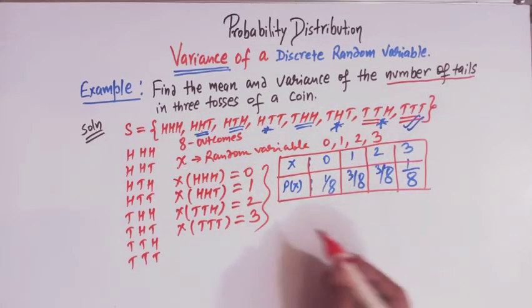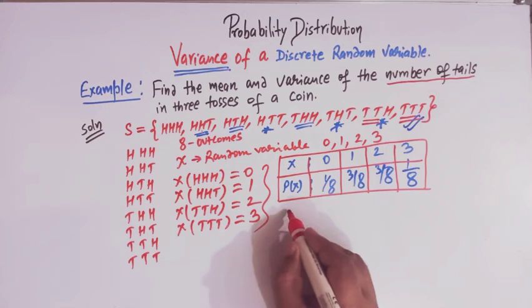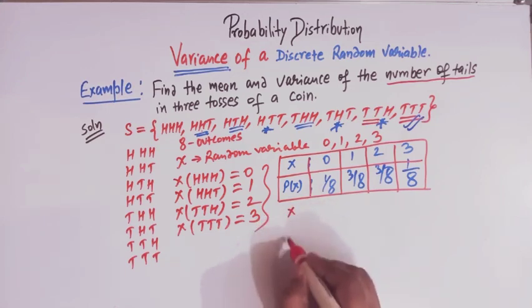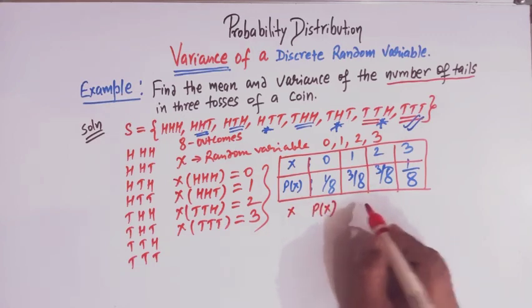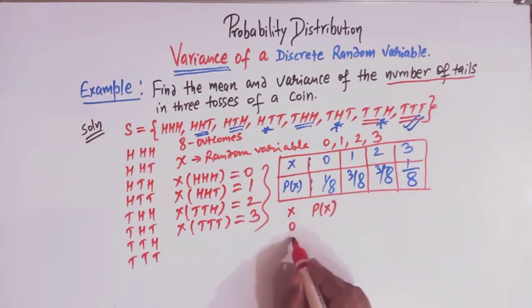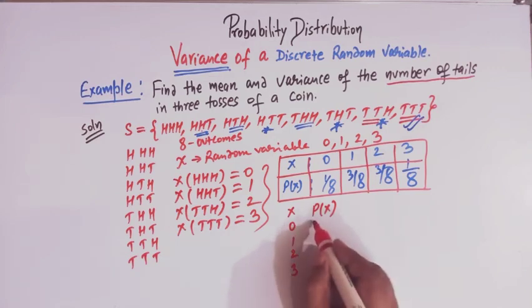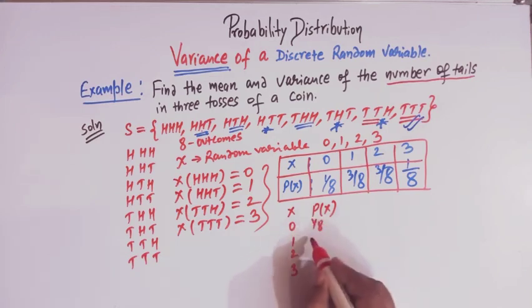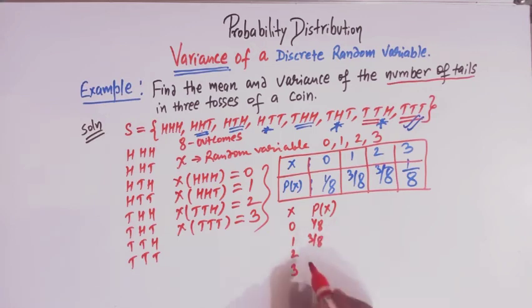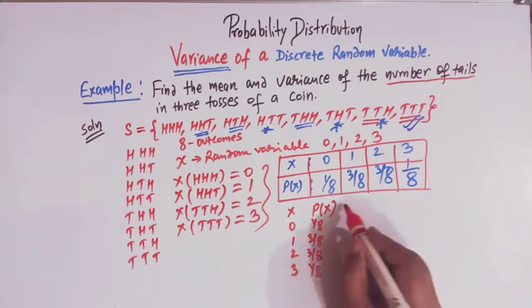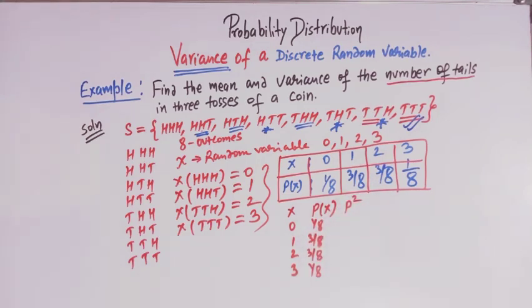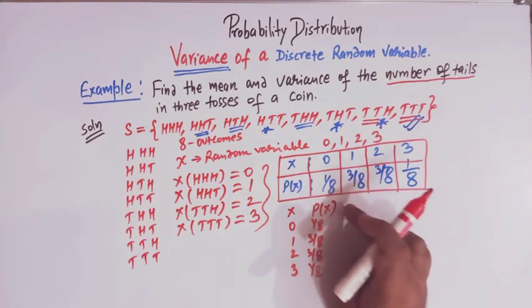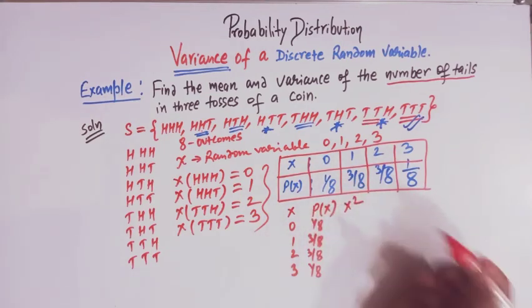If we write it like this, in this column we write x, here we write px, and here 0, 1, 2, 3, and here we write 1 by 8, 3 by 8, 3 by 8, and 1 by 8. And here we write x square.